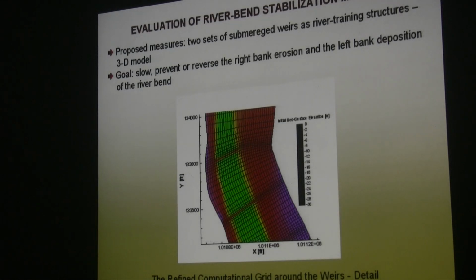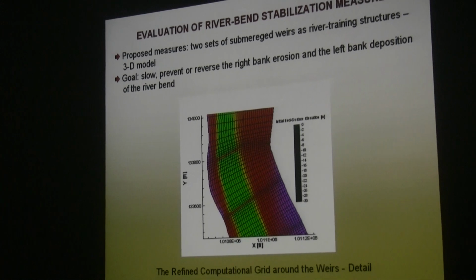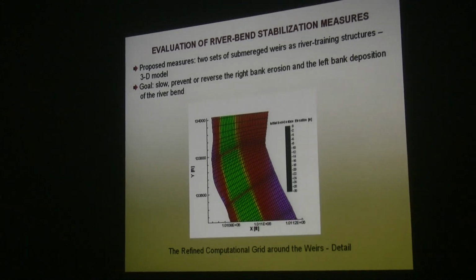So that's a typical use of a 1D model, which we can use for long-term, large-scale simulations, and we can recover what's of most interest in those situations, long-term morphological changes in the watercourse.